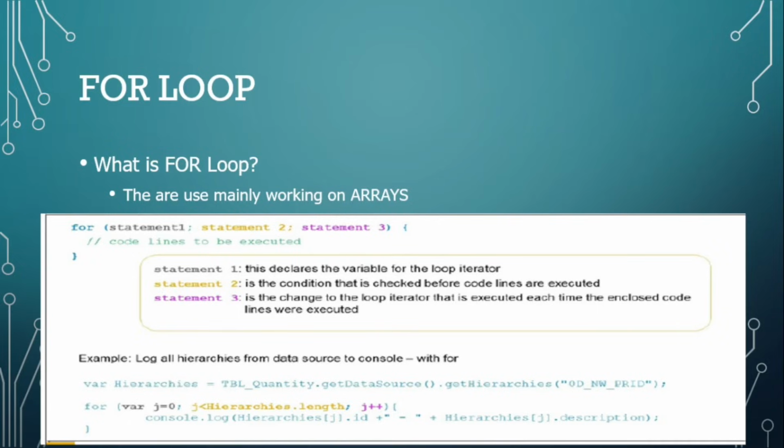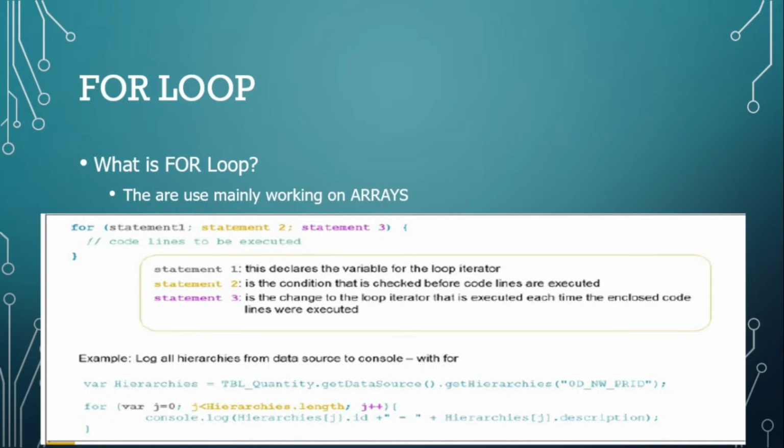In statement 1 we declare the variable, the loop iterator, in the second statement we give the condition that is checked on this loop, and in the third statement we do some iteration. We will perform some tasks which we want to do while executing the loop. In this slide an example is given which we will explore later in this video.